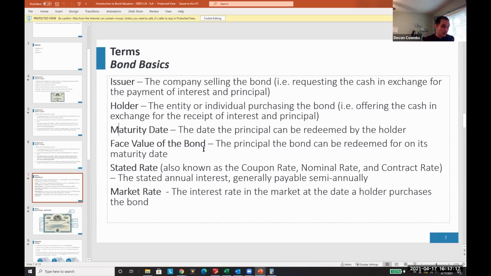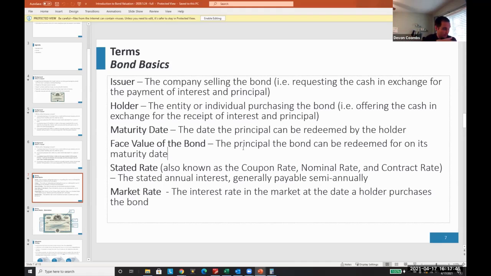The face value of the bond, that's the principal the bond can be redeemed for on the maturity date. So if the bond says it's worth $10,000, that's the face value of the bond. What's interesting is the face value of the bond can be different than the actual value of the bond. This is where it gets complex and more financial, because interest rates change.